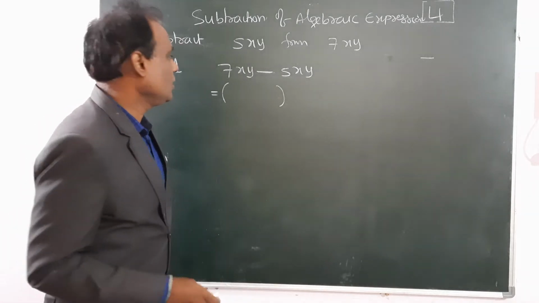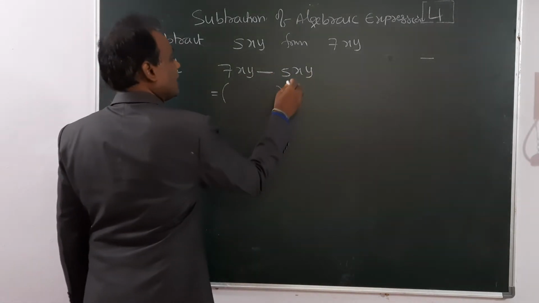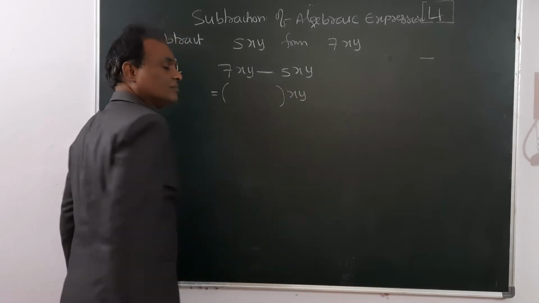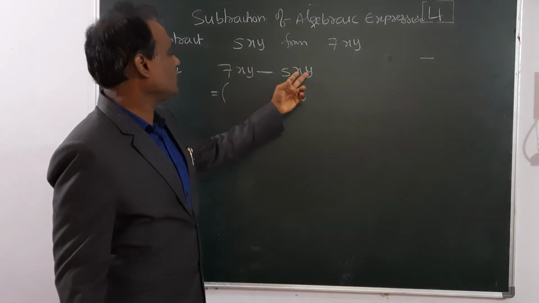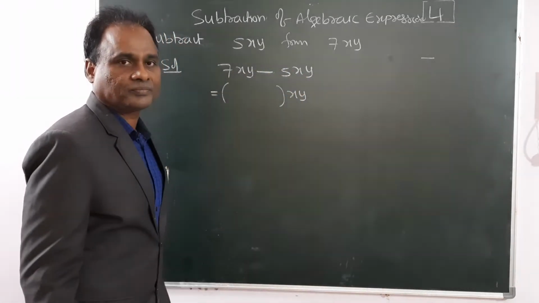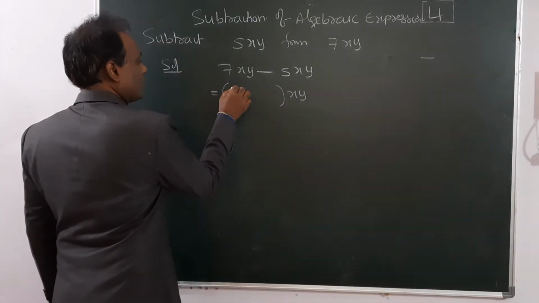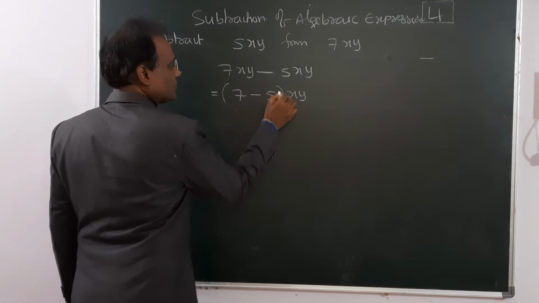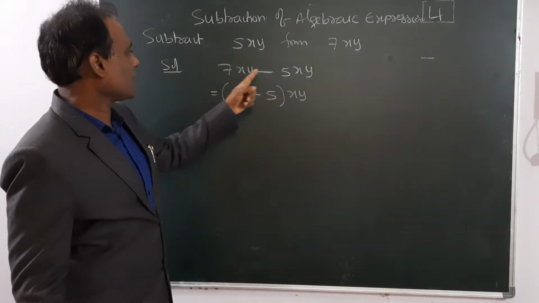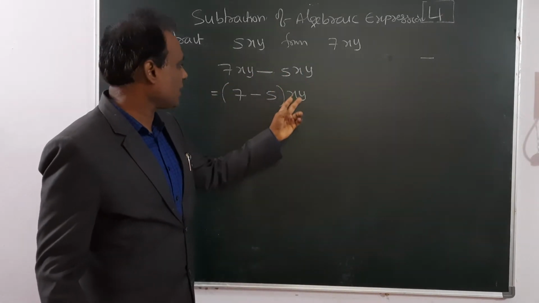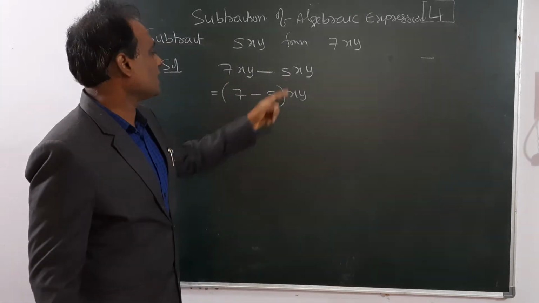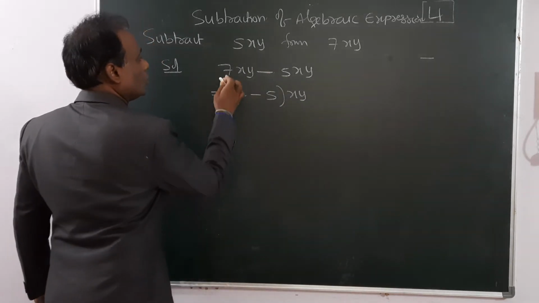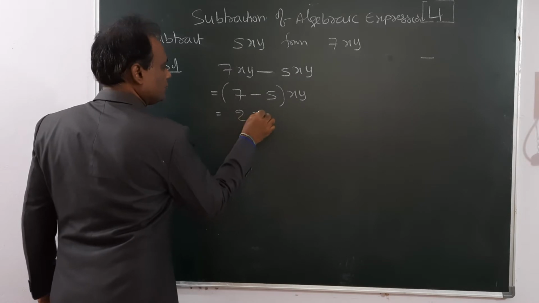Like addition, I will take xy common. 7 minus 5, xy common. 7 minus 5 is 2.